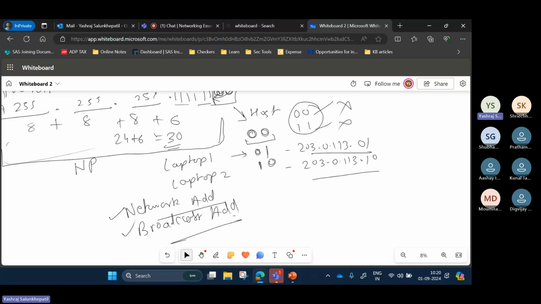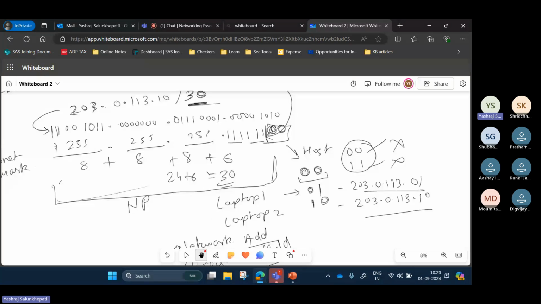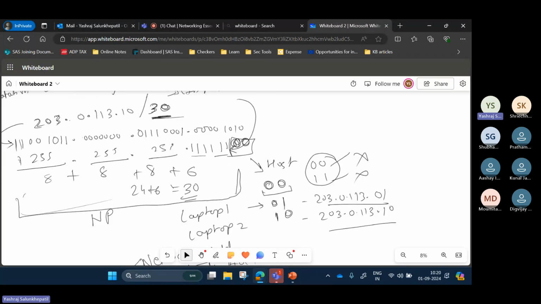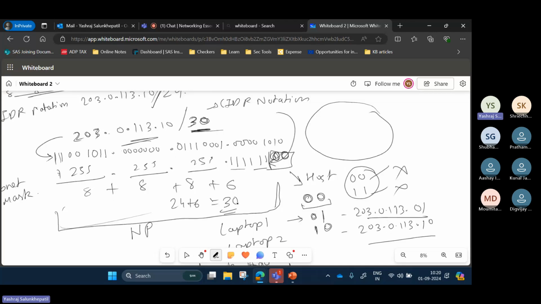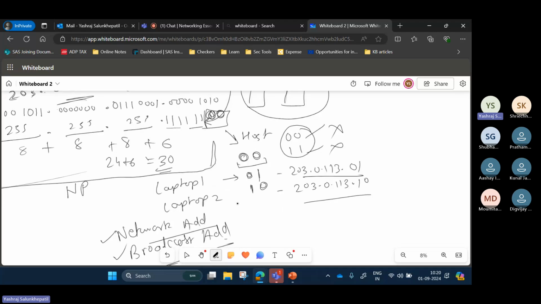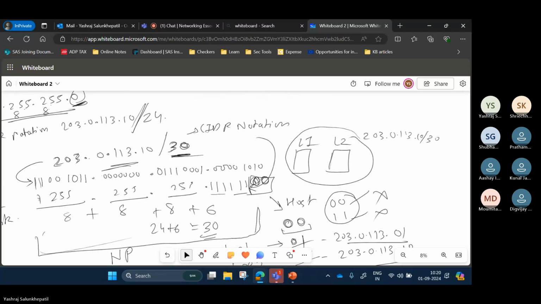But for now, just assume कि /30 होगा तो इस पर्टिकुलर नेटवर्क में ये पूरा नेटवर्क है. ठीक है. 203.0.113.10/30. इसमें सिर्फ 2 ही पीसीस कनेक्ट हो सकते हैं, 2 ही लैपटॉप्स कनेक्ट हो सकते हैं और उन लैपटॉप का आईपी होगा, एक का होगा 01, एक का होगा 10. क्लियर?